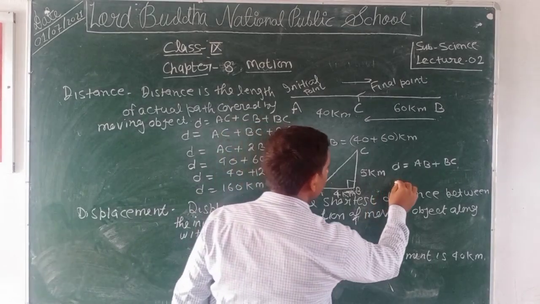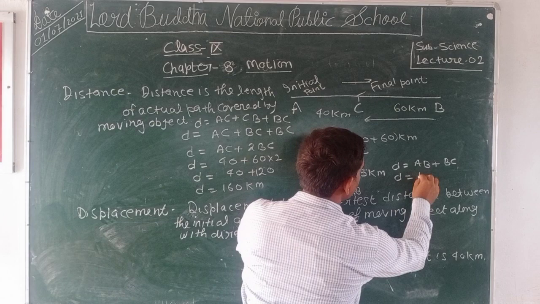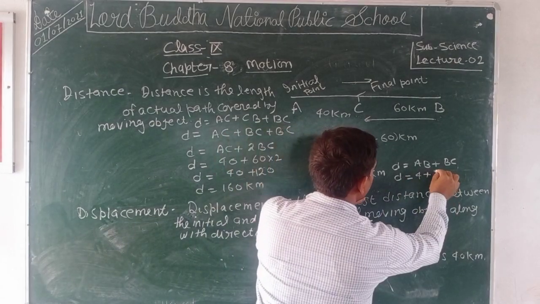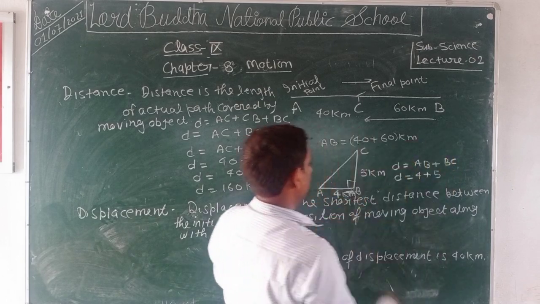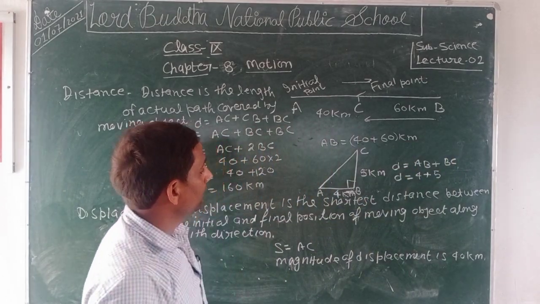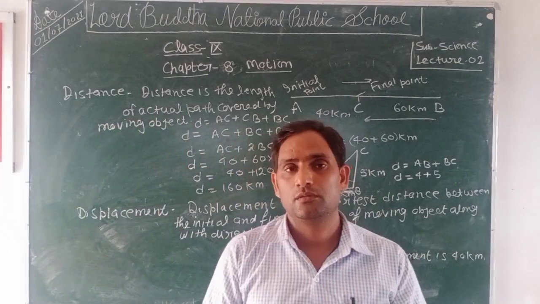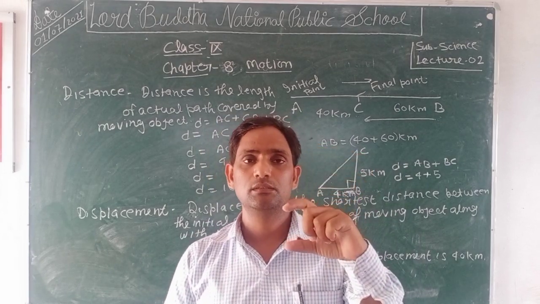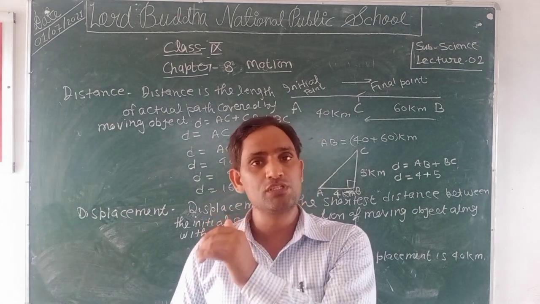So D equals 4 plus 5, equal to 9. Now, displacement is the shortest distance between initial and final position.